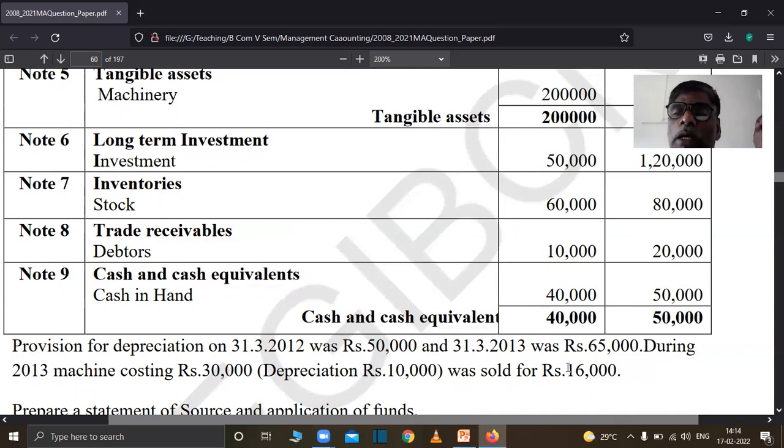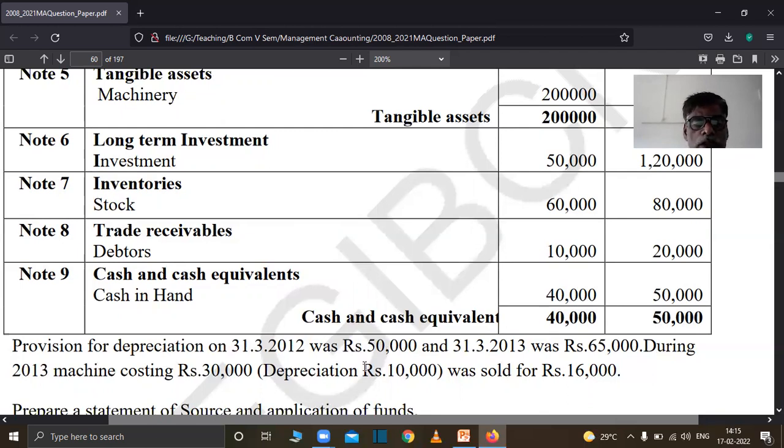The asset of 20,000 present value is sold for 16,000, and this is the loss on sale. 20,000 is the value of asset, sale value 16,000. So the difference of 4,000 is called loss on sale. Okay, this is the point to remember.